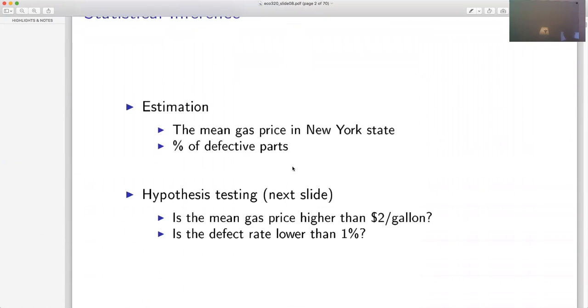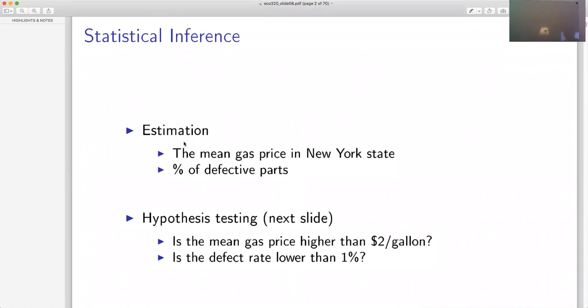So estimation is something you're trying to estimate, like the mean gas price in New York State, or the average income of a household in New York State, or a percentage of unemployment rate, or any kind of thing. You look at a statistic, like the GDP grows some percentage, those are our estimations.